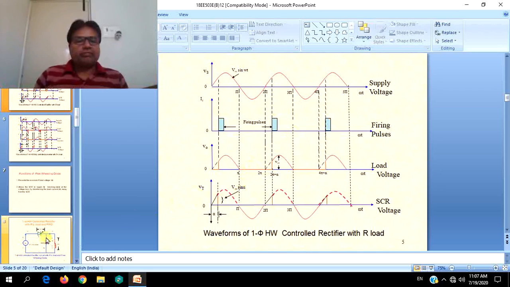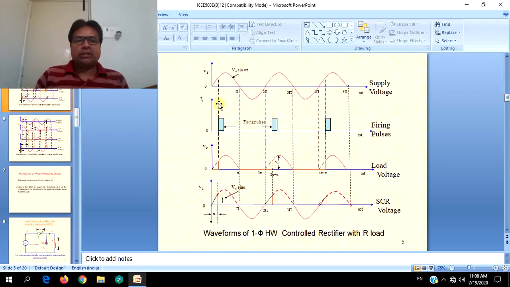and the SCR is connected in series with the load. When the supply is on, the SCR will be forward biased but will be maintained in the forward blocking mode or off state as there is no gate pulse, and the SCR will be triggered at an angle alpha, that is the firing angle alpha.